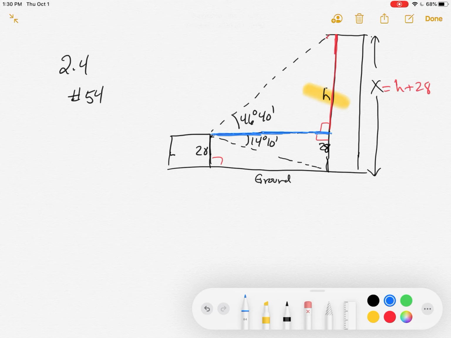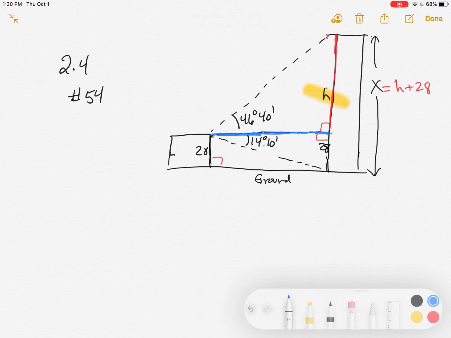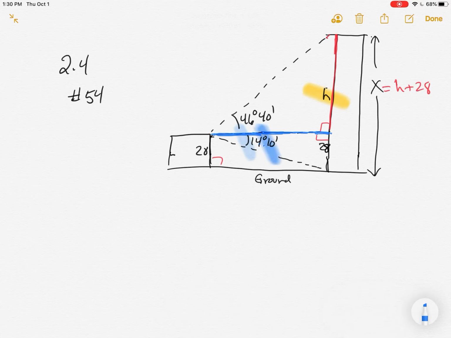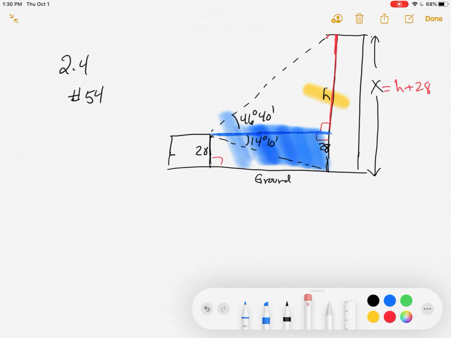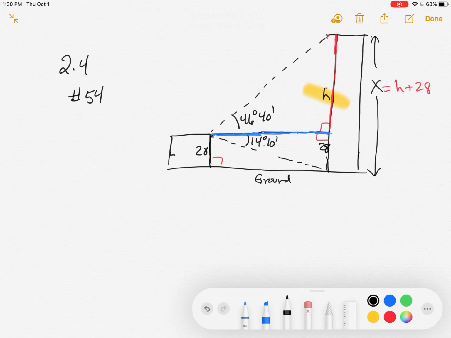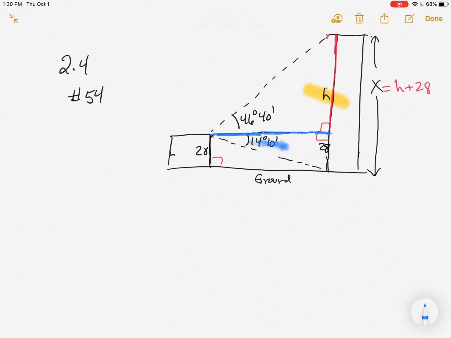How can I get it? I'm going to get it using this triangle right here. Let me highlight it in blue. I want this middle triangle right there. I wish it wasn't so broad stroked. Let's grab this, make it blue, and it's set to be really fat. So yeah, I want this triangle right here.